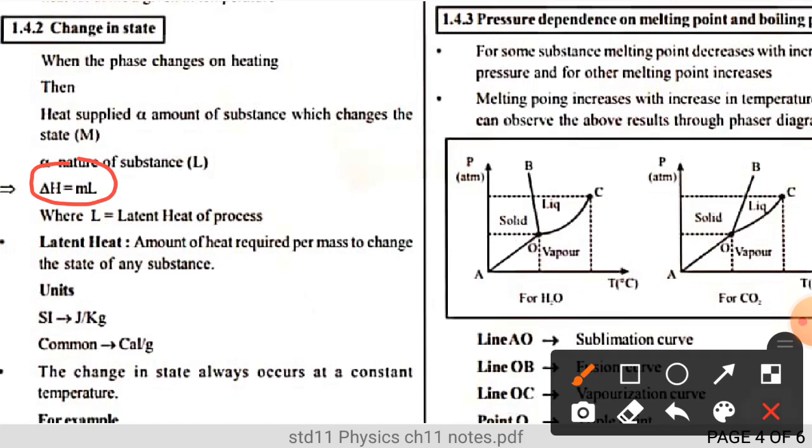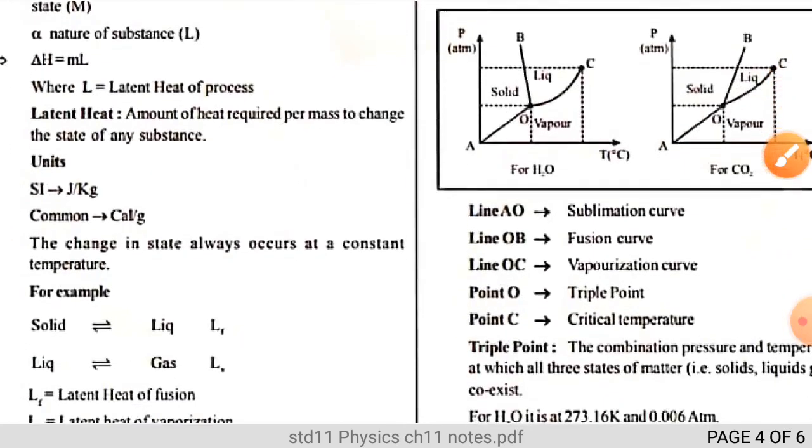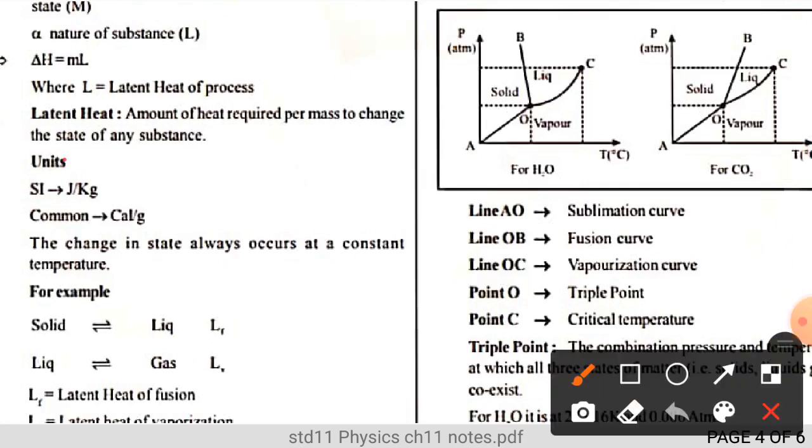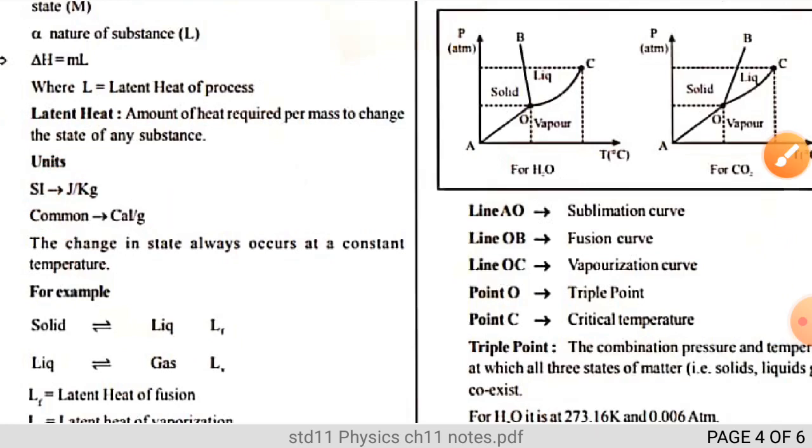So what do we call latent heat? The amount of heat required per unit mass to change the state of any substance, right? The unit of latent heat, the SI unit, is joule per kilogram, and commonly we use calorie per gram, right? Here the change in state always occurs at a constant temperature.